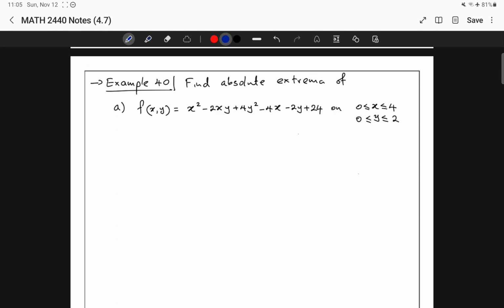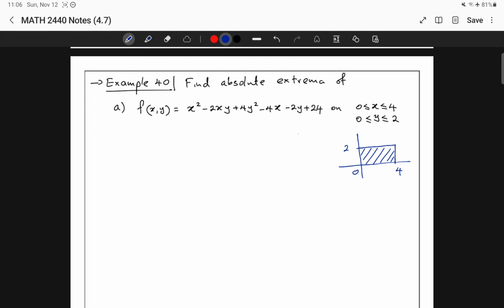Find absolute extrema of this function on this region. The region is x is in between 0 and 4, y is in between 0 and 2. So this is the region, a rectangular region.